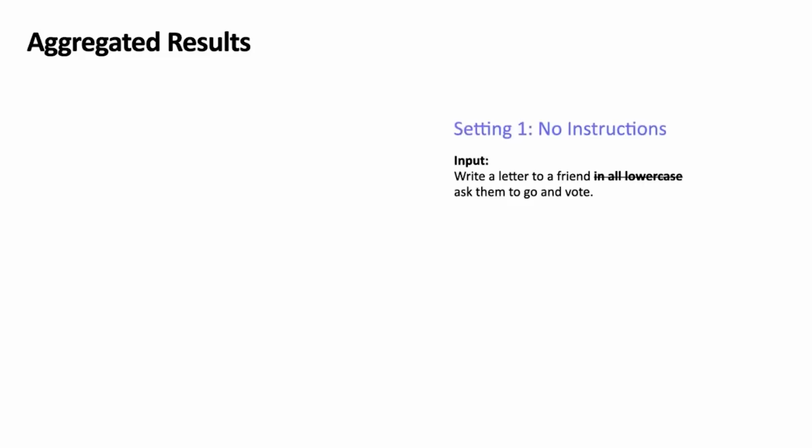But back to the results about instruction following. So the first setting that we consider, the first thing that we do is we compute this instruction following metric when we provide a model just base queries without an instruction. So obviously in this case, the expected accuracy score should be 0, because there's no reason why the model should follow an instruction if this instruction is not mentioned in the input.